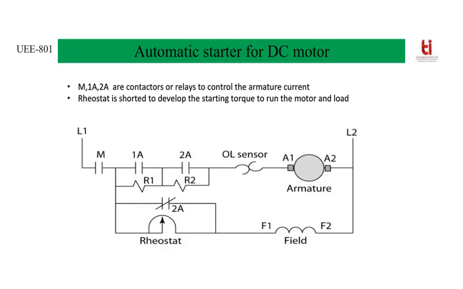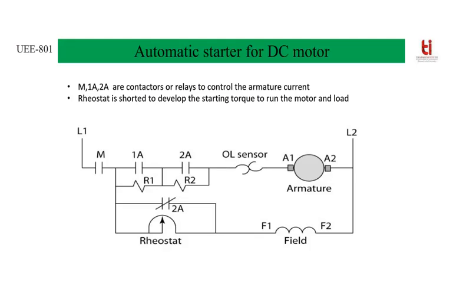To control the armature current or to reduce the inrush current, 1A and 2A are not energized. As soon as the speed of the motor increases, slowly contactor 1A and contactor 2A are energized. So at the time of starting, contactor M and 2A just above the rheostat are closed. 1A and 2A remain open.